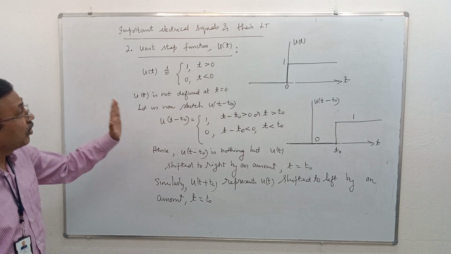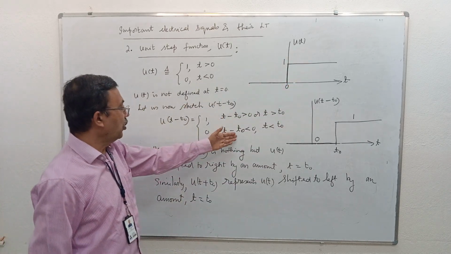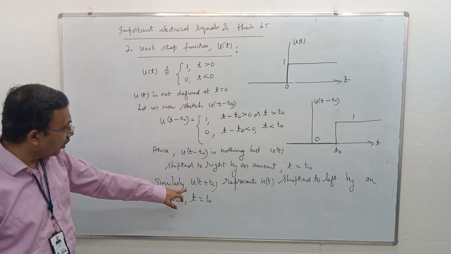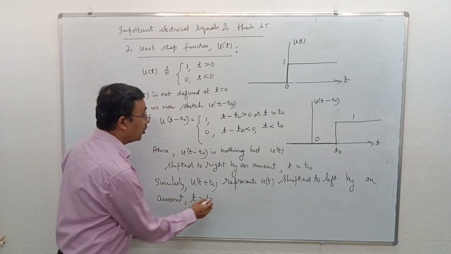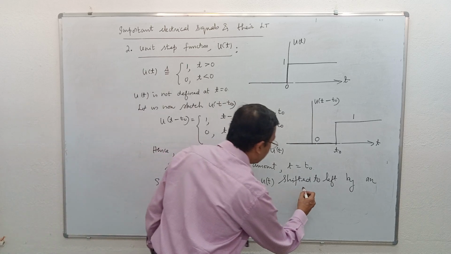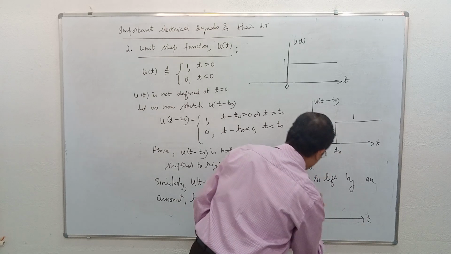So u of t minus t naught represents u of t shifted to right by an amount equal to t naught. U of t plus t naught represents u of t shifted to left by an amount t naught. So if you want to sketch u of t plus t naught, this is how it looks.